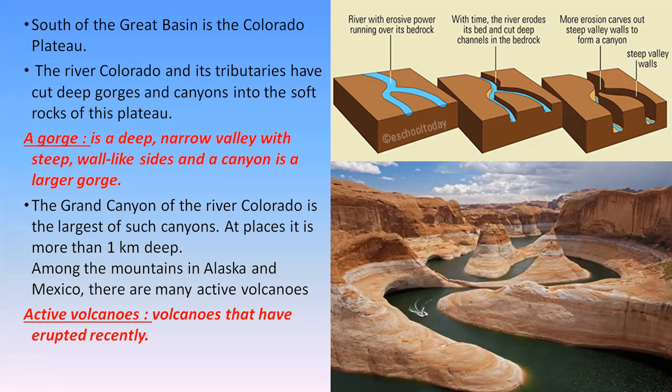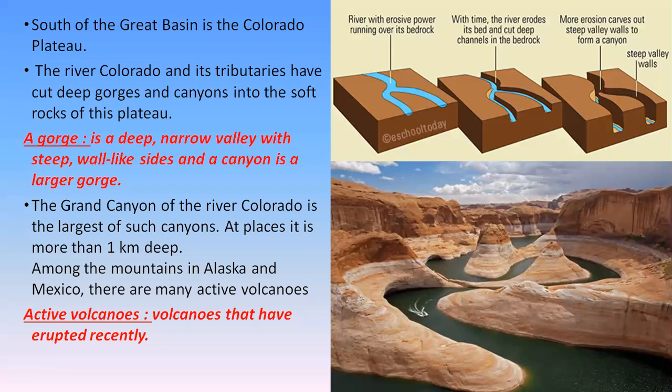So it makes a steep wall-like border on either side of the river. When a geographical feature forms like this, we call it a gorge. The Grand Canyon of the Colorado River is the largest of such canyons. At one place it is more than 1 kilometer deep.